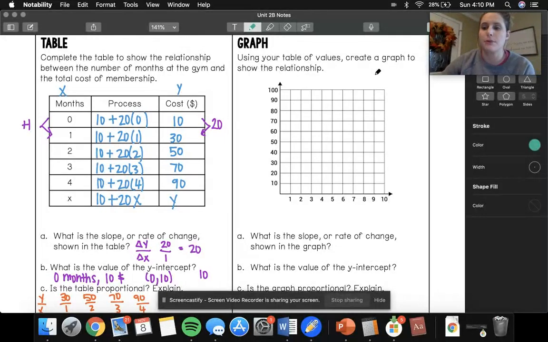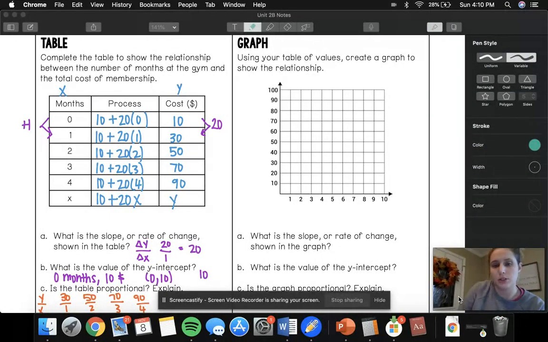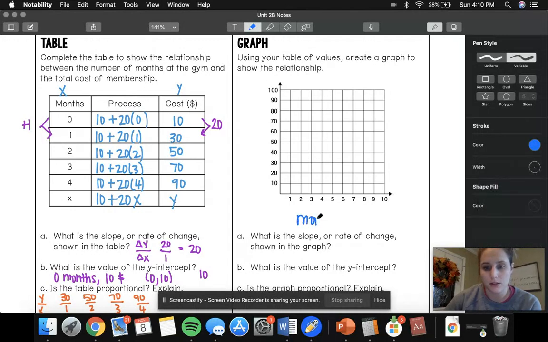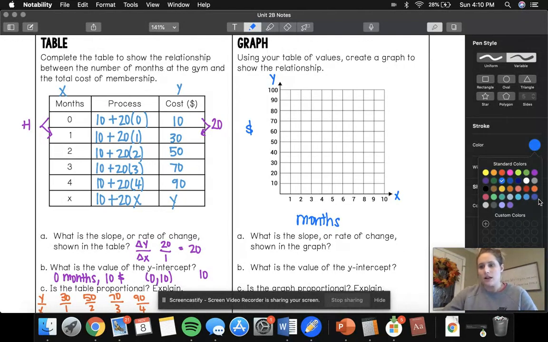Okay, so just like before, we are also going to graph this relationship. So we have our table, we have our x values, which are our months. So I'm going to write months on my x-axis. And our output, which is our y values, is the cost of the money. So now I'm going to just plot this. 0 months still had a sign-up fee of $10.